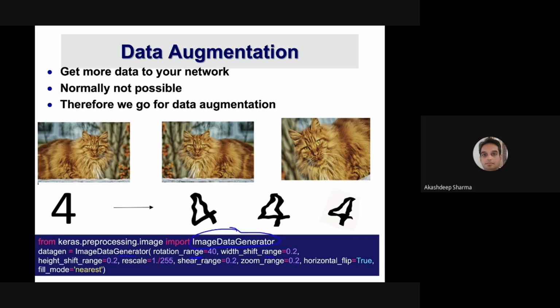There are so many parameters to play with, and you can generate as many samples as you want. So it will give you more data, and if you don't want to save the data, you could pass it during the training. You can increase the samples during training too. There are two ways: you pass it during training, or you save them for further reference.